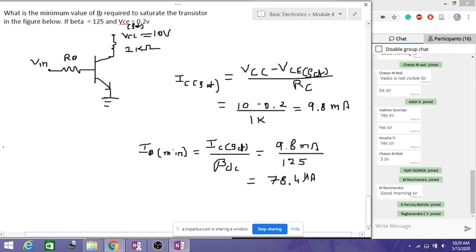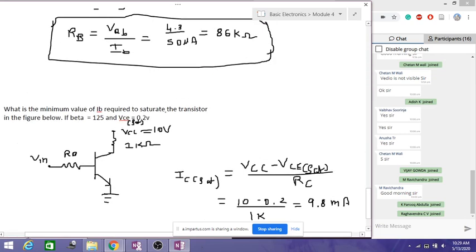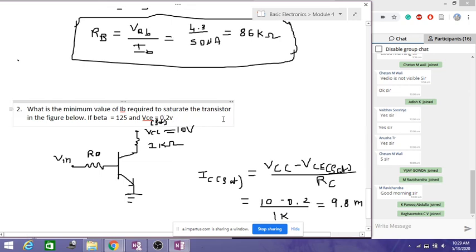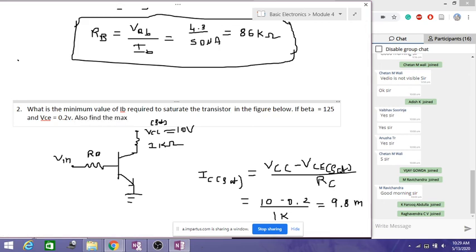Here the question continues. If you look into the question, it continues: also find the maximum value of RB required when Vin is equal to 8 volts.